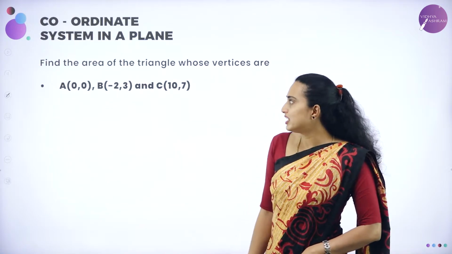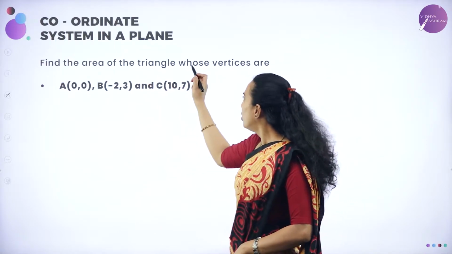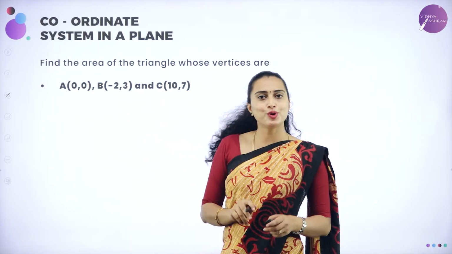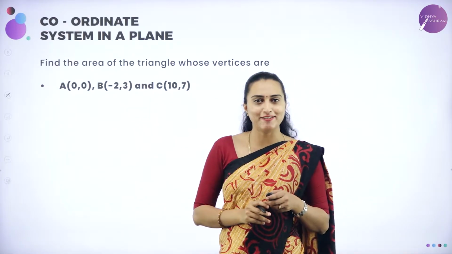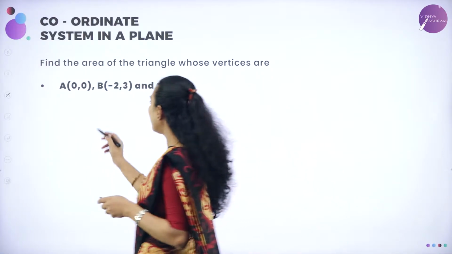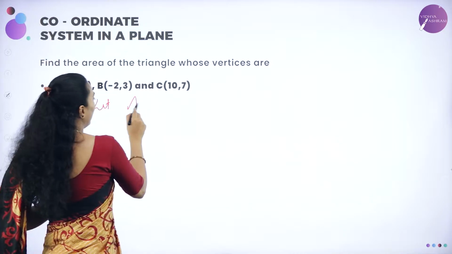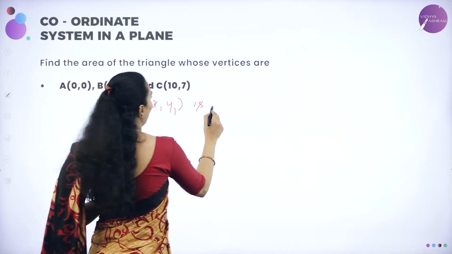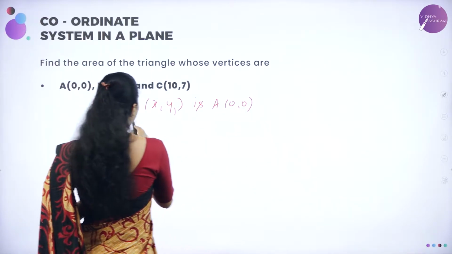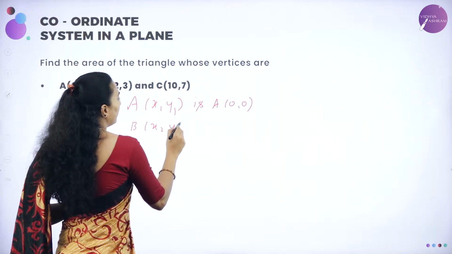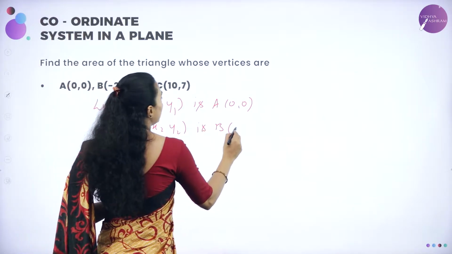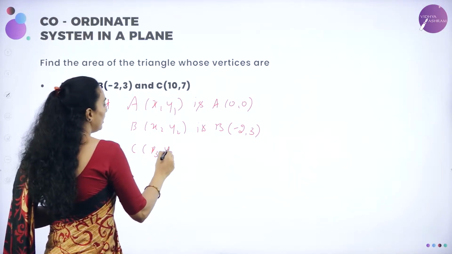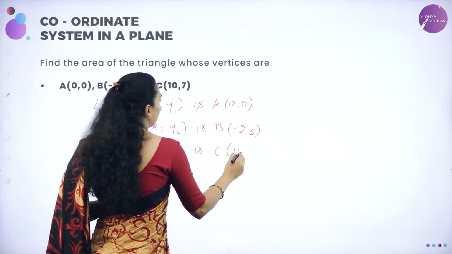Now, what they've asked: find the area of a triangle whose vertices are A of 0, 0, B of -2, 3, and C of 10, 7. I am going to take it like this, dears. Let A of x1, y1 be A of 0, 0, and B of x2, y2 be B of -2, 3, and C of x3, y3 be C of 10, 7.